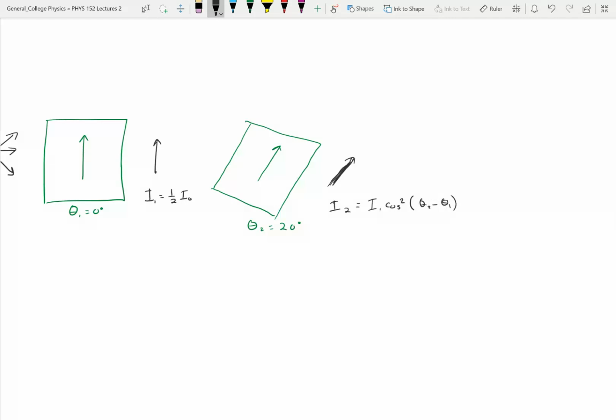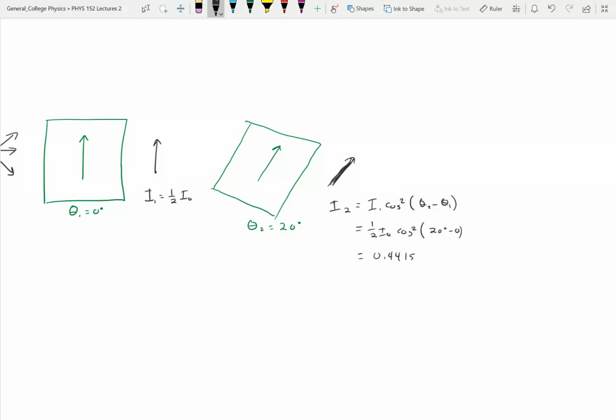Now notice I put theta 2 minus theta 1. It's the difference between those two polarization angles. So that's going to be equal to 1/2 I0 times cosine squared of 20 degrees minus 0, which comes out to be, and I just did this calculation, 0.4415.